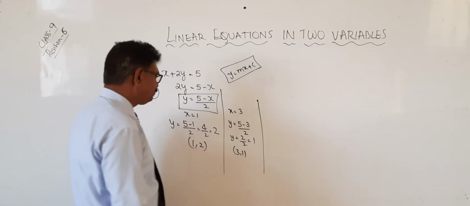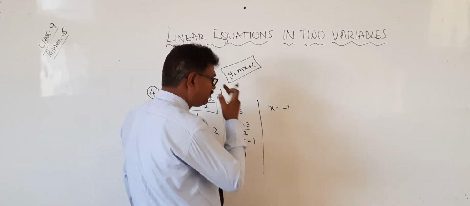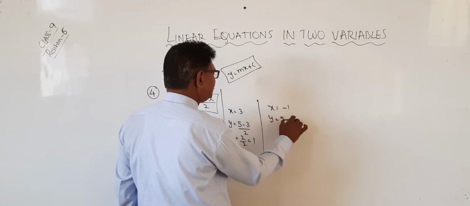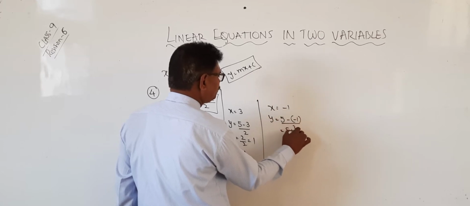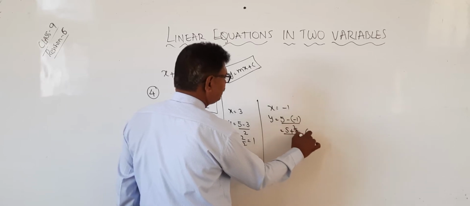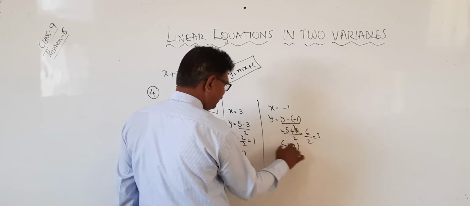Next, x equal to minus 1. Then y equal to (5 minus of minus 1) divided by 2, 5 plus 1 divided by 2, 6 by 2. Answer is 3. Therefore, (minus 1, 3).